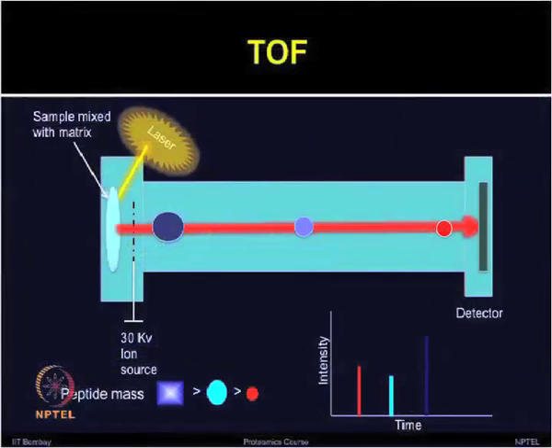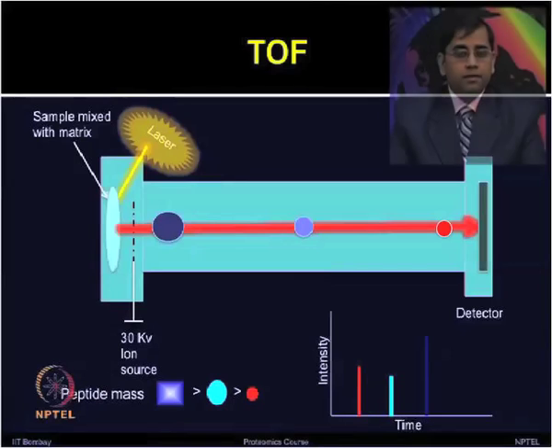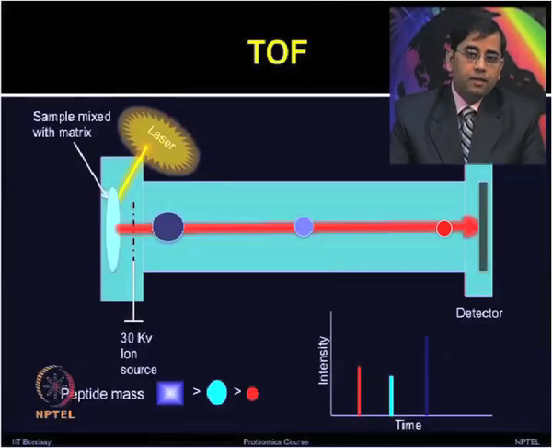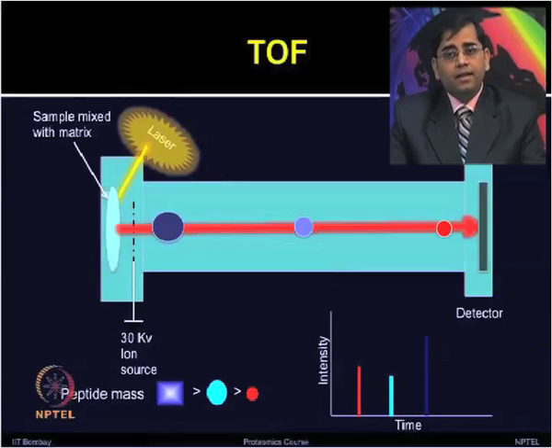In time of flight tubes, the ions are accelerated to high kinetic energy, and due to the different velocities, they are separated in the flight tube. As I mentioned earlier, by adding the reflectron or a reflector, the ions can turn around in the reflector, which can compensate for minor differences in the kinetic energy.